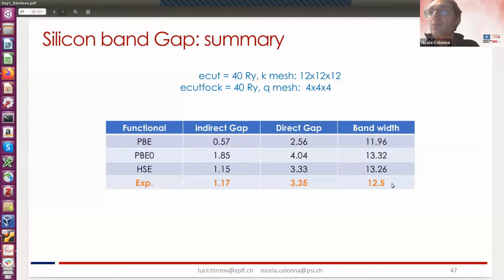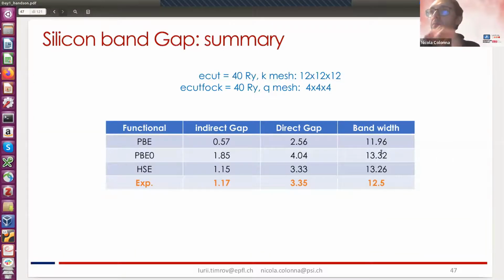And here in the last row of this table, I show the experimental value, and you see, as I was mentioning before, PBE is not doing very well for the band gap. The bandwidth is instead in much better agreement with experiment. PBE0 actually overestimates both the indirect gap and the direct one.